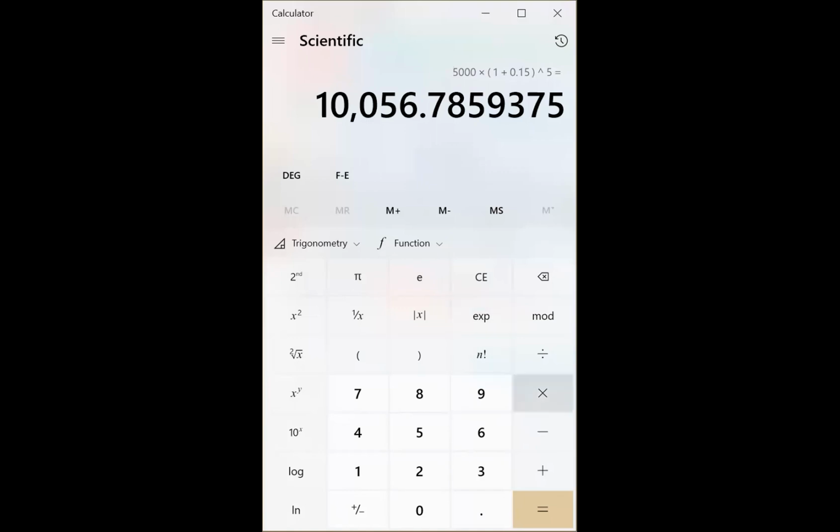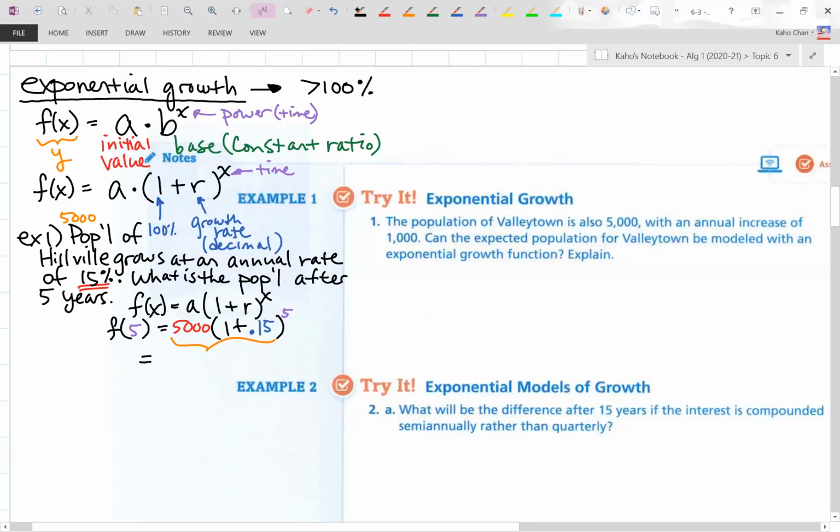Let's round to the nearest person. Let's write that down. Nice to have some technology, huh? There's your answer. Not too bad, right? Yay.